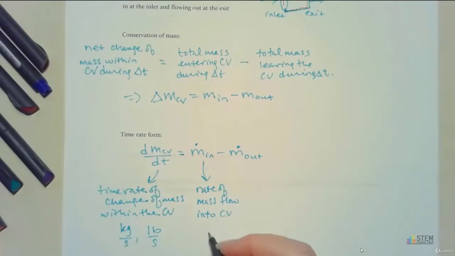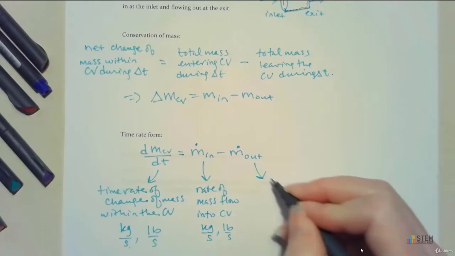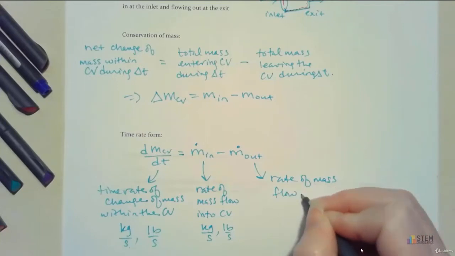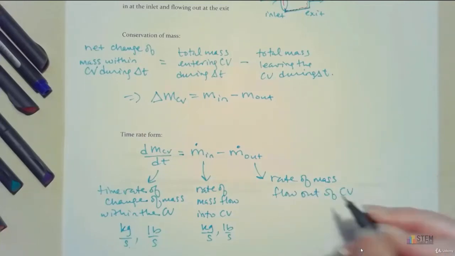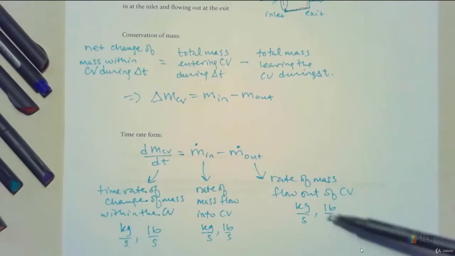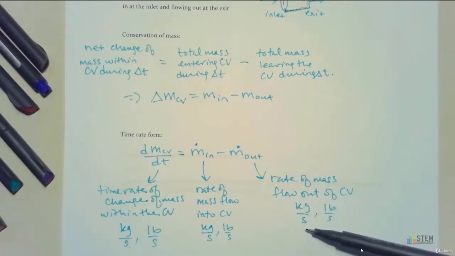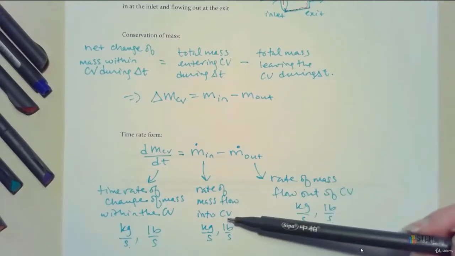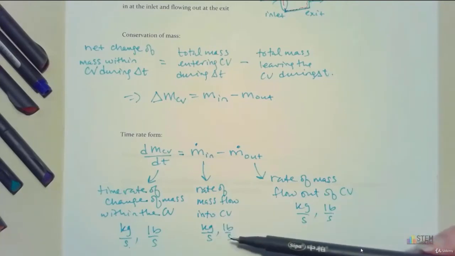The units here, you can probably guess, since this is kilogram per second, this one also has to be kilogram per second or pound per second. And m_out dot, that's going to be the rate of mass flow out of the CV. Units here, kilogram per second and pound per second. So essentially what this is telling you, it's how many kilograms per second you've got flowing out of your control volume. And this one would be how many kilograms per second are flowing in to your control volume. And this one will be the change.